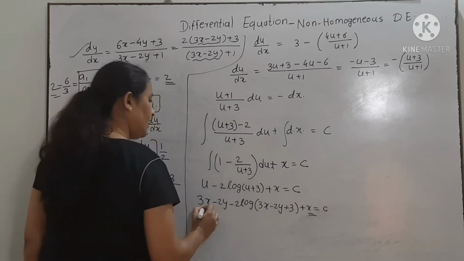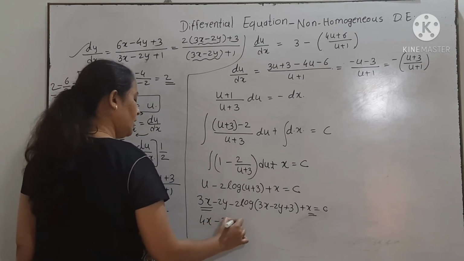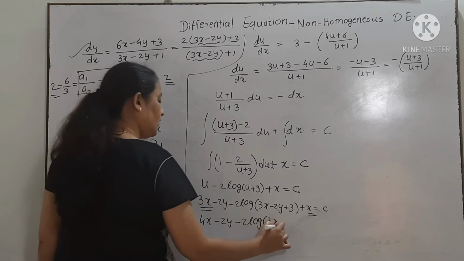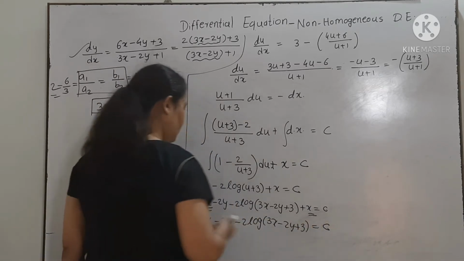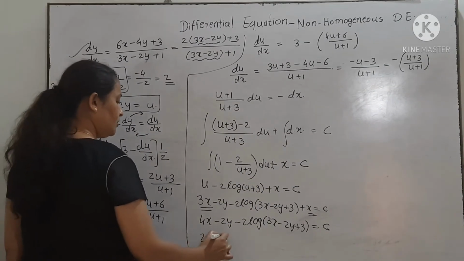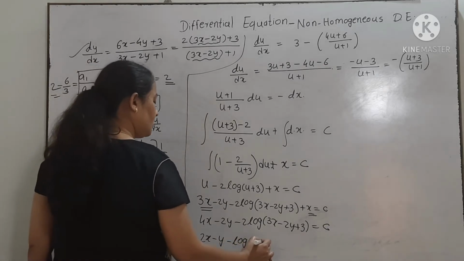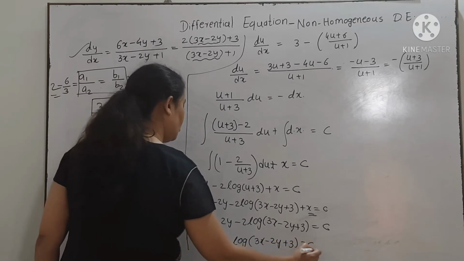So this 3x and this x will be 4x minus 2y minus 2 log of (3x minus 2y plus 3) equal to c. If you want, you can divide throughout by 2 and your answer will be 2x minus y minus log of (3x minus 2y plus 3) equal to c.